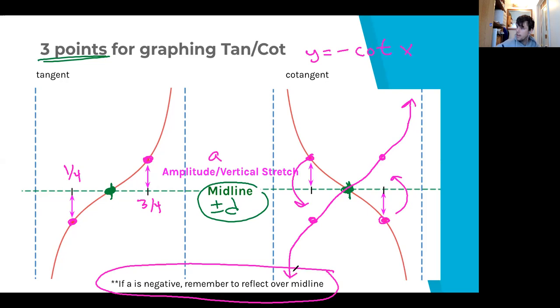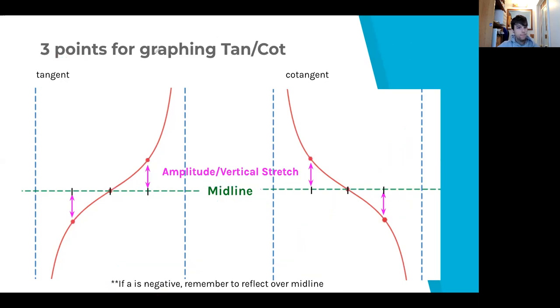It's going to have that uphill slope, that increasing relationship instead of the decreasing relationship. So you still have to pay attention to whether there's a reflection, because that does change things a little bit. I'll keep referencing this idea of these 3 points and how the amplitude and midline all work together while we're graphing these today.